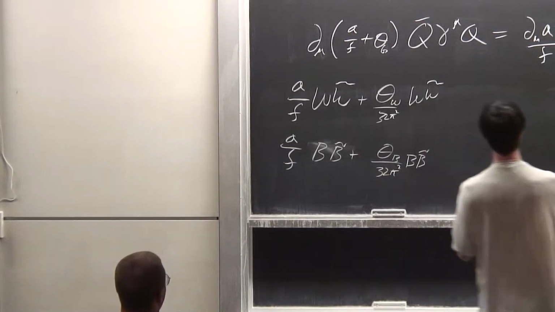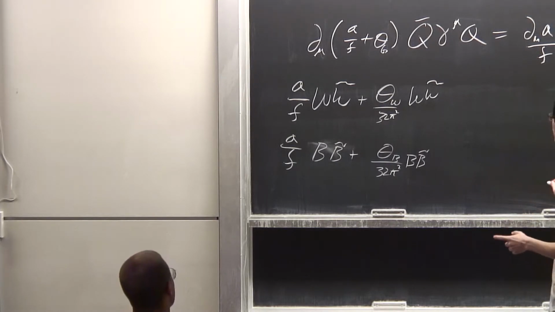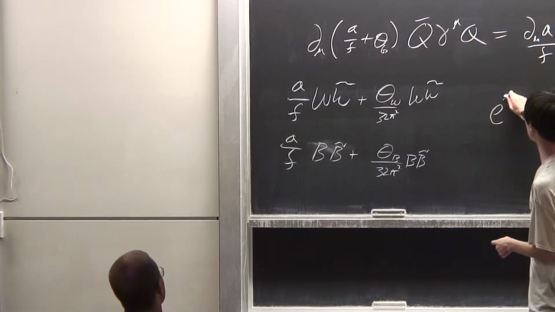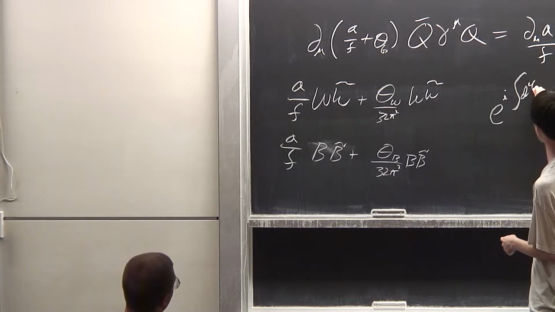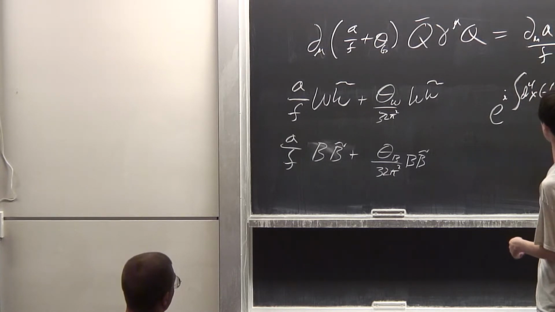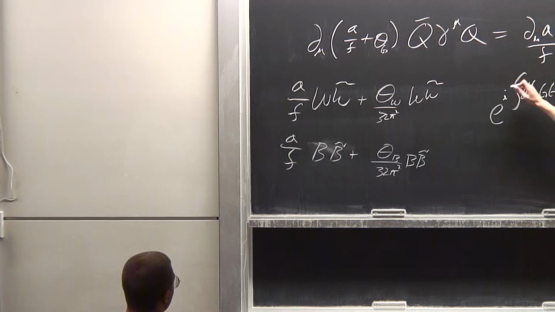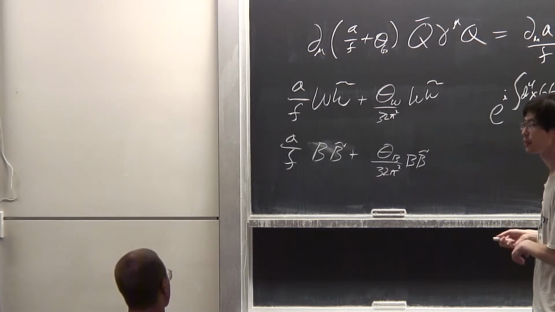But if you remember that the instantons are proportional to e to the i integral d4x G G tilde, with some numbers out front. And when you calculate this, this goes to e to the minus, I think it's 8 pi squared over g weak squared, times some numbers out front. And so it's just exponentially small. But in principle, yes, it's an effect that's there.